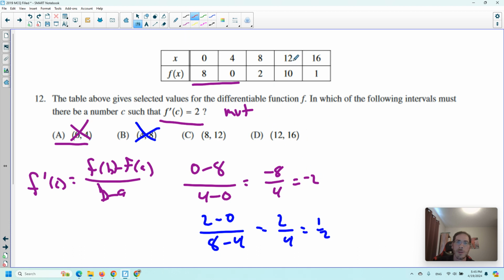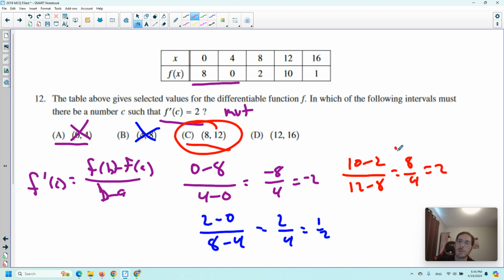Here we got 10 minus 2 over 12 minus 8. That's 8 over 4, which is 2. And that's the pick. I'm not even going to bother with D. We can see that this is decreasing. That's going to give us a negative for the slope, so there's no point in even trying that one. Same deal with the first one. We really didn't need to try that because it was negative.